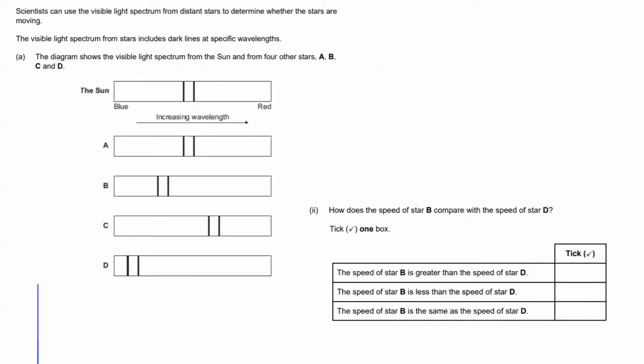So have a look. A is the same as the sun. So this is a spectrum. A is the same as the sun. B is blue shifted. C is red shifted relative to the sun. And D is blue shifted.